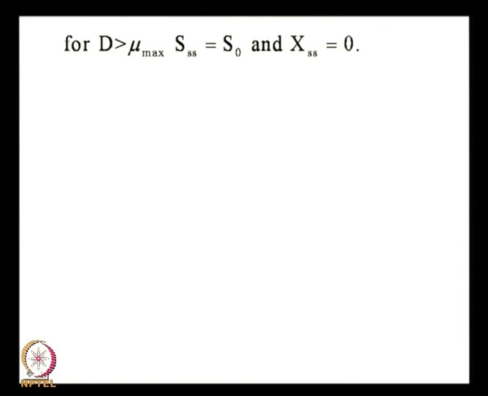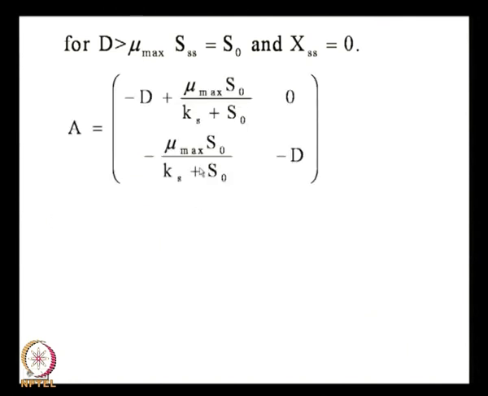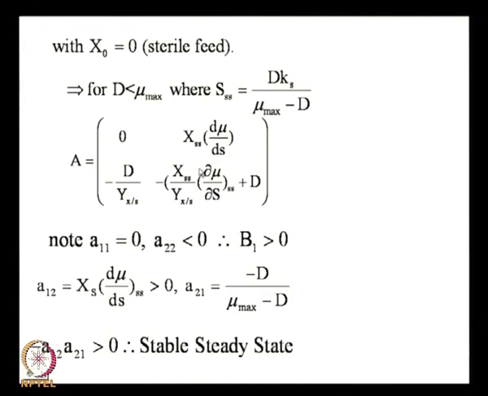Okay. So, this is my A matrix. Over here, this term, A11, is 0. So all I need to do is prove that A22 is less than 0, because B1 is minus A22 now. What else do I need?